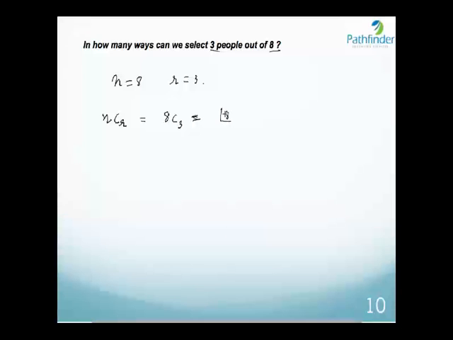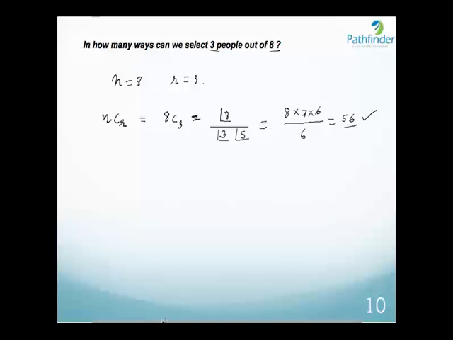Factorial 8 divided by factorial 3, factorial 5, which is nothing but 8 into 7 into 6 divided by 6, which in turn is equal to 56. So the number of ways in which you can select 3 people out of 8 is equal to 56.